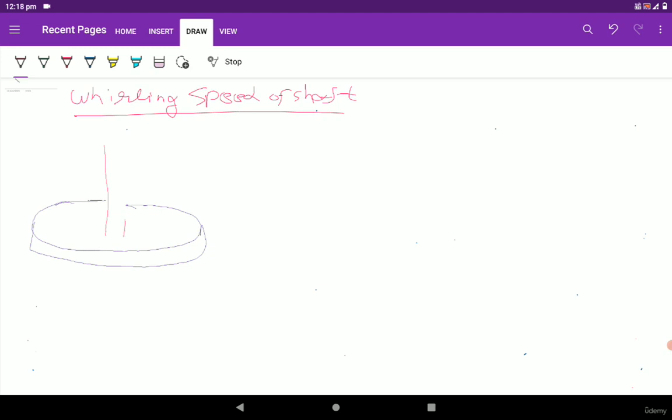It is mounted to a shaft, and this is the center line passing through the shaft axis.